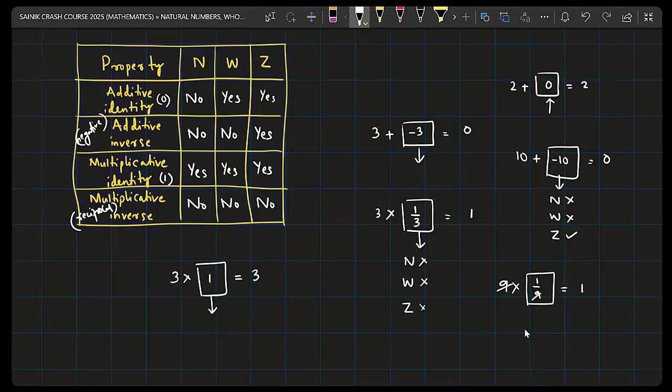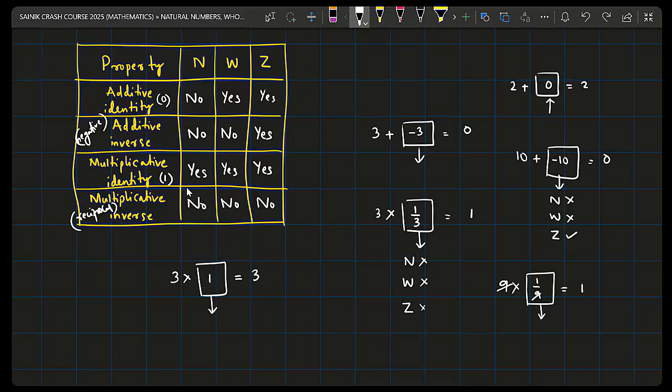Yes, sir. Now tell me, is there any number called 1 by 9 in the natural numbers? No, sir. In the whole numbers? No, sir. Integers? No, sir. That's why these three properties are not satisfied. Natural numbers, whole numbers and integers do not satisfy the multiplicative inverse. Additive inverse is satisfied for integers.